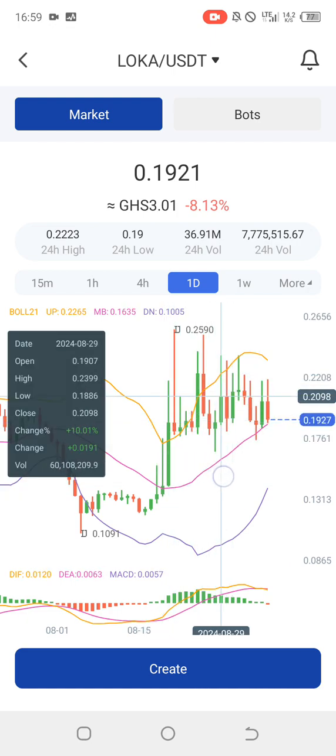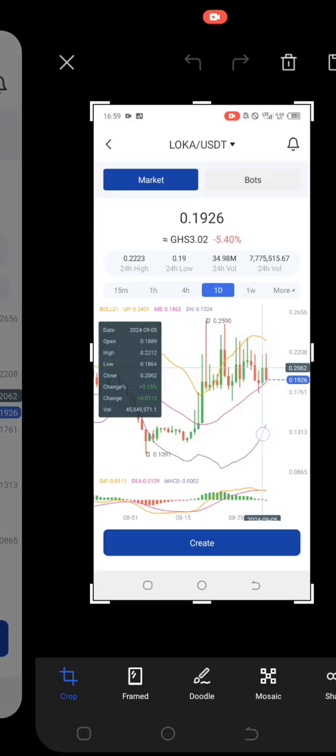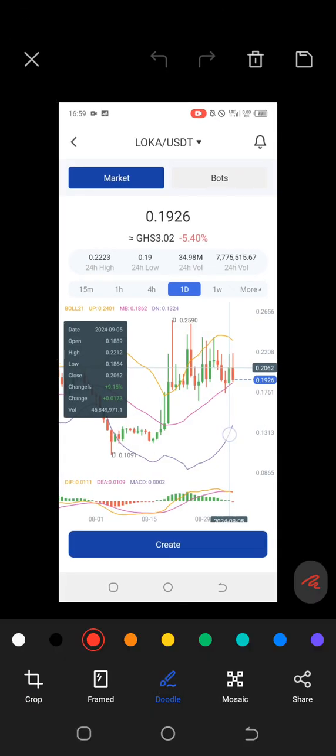Forgive me, I have a little sore throat, so this is the previous day's high. So if you want to get the close and the low, let me see if I can take a screenshot. Okay, so we are just using it to give you a fair idea about it.